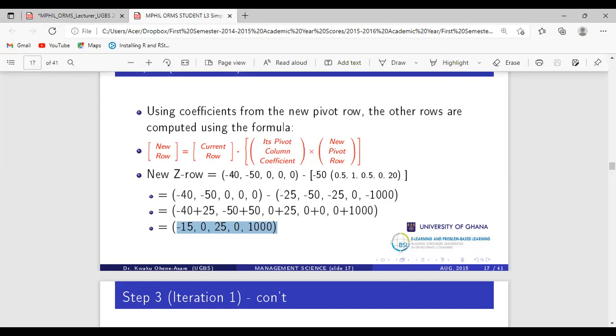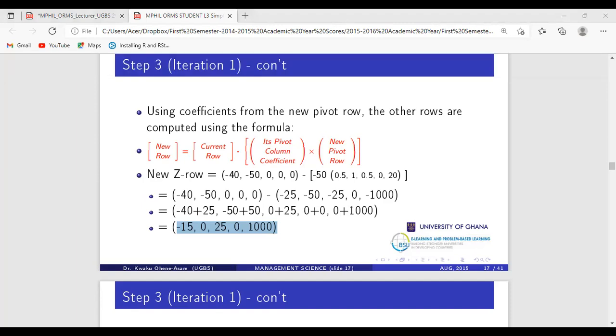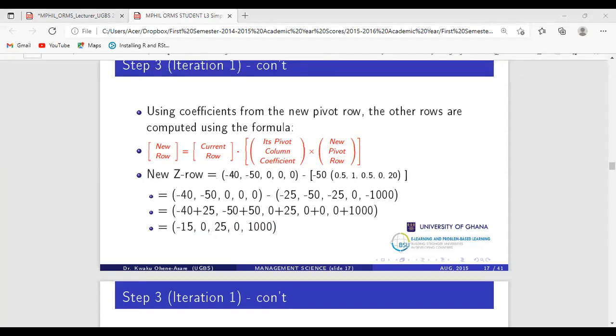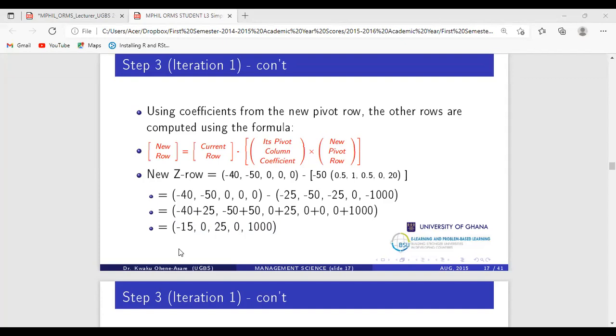So you're going to have -15, 0, 25, 0, and then 1,000.